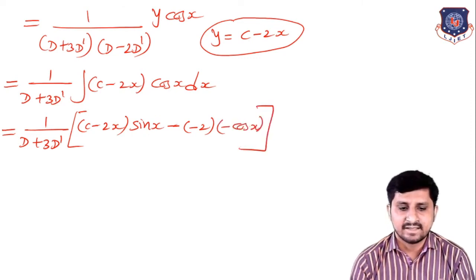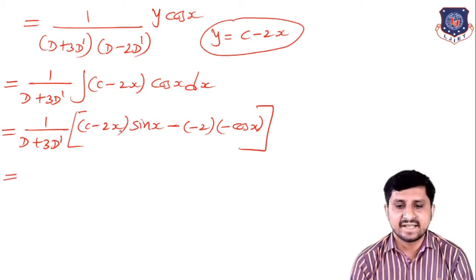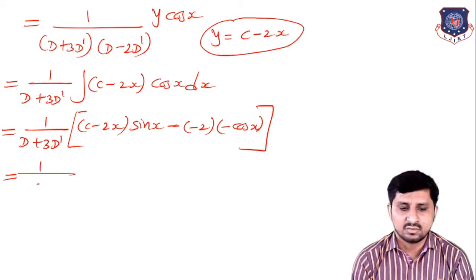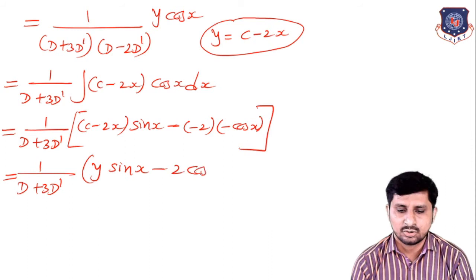And this equals, I can write c minus 2x replaced by y, so y sin x minus 2 cos x. So 1 upon (D plus 3D') of (y sin x minus 2 cos x).